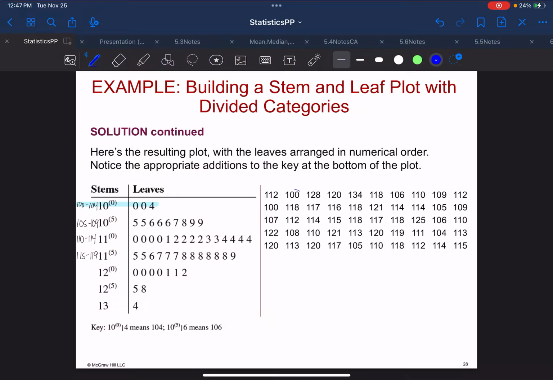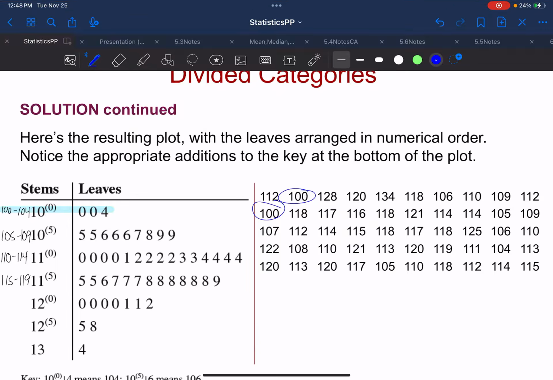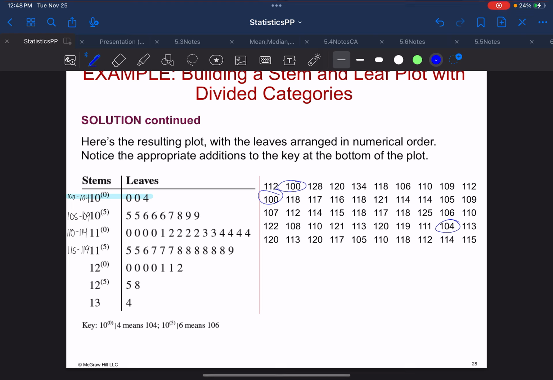So I see that I have 100 here, 100 there, and 104. And that's going to be it for the numbers between 100 and 104. So because I had 2 hundreds, I would have 2 zeros here, and then 104, I would put the last digit there for that leaf, so that would be 4.